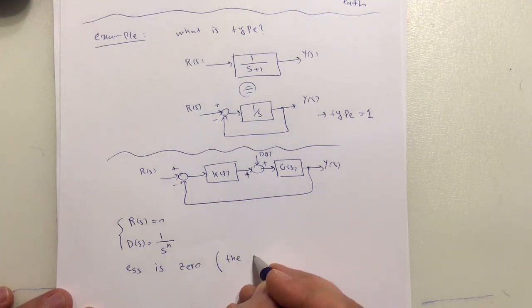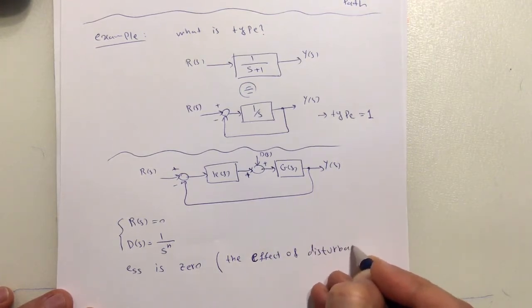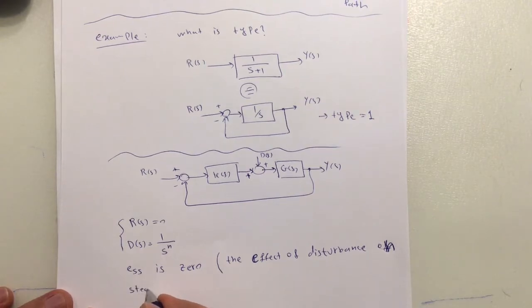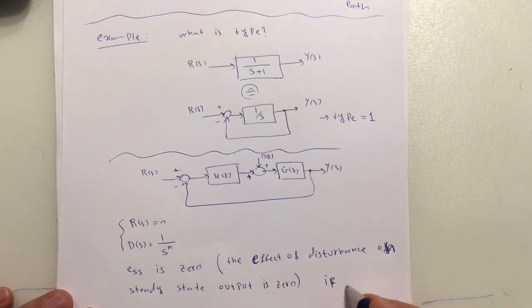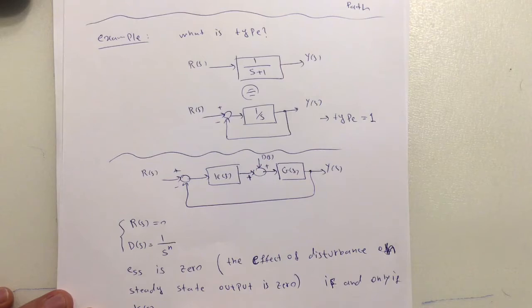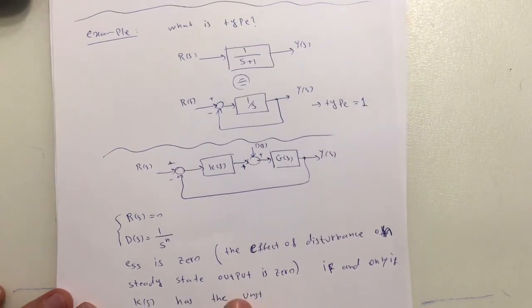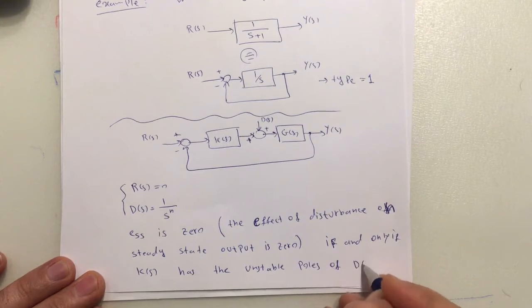The permanent, or steady state, effect of disturbance on the output is 0 if and only if K of S has the unstable poles of D of S.